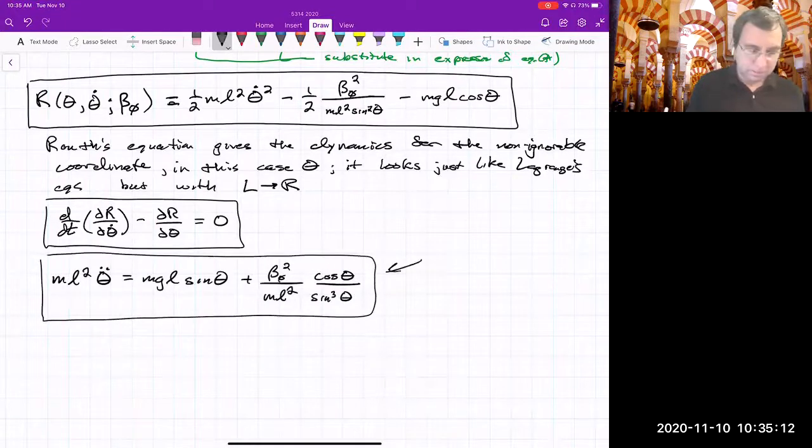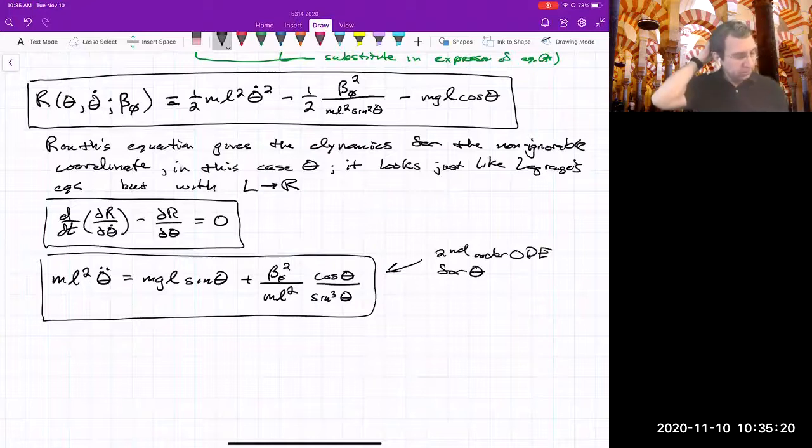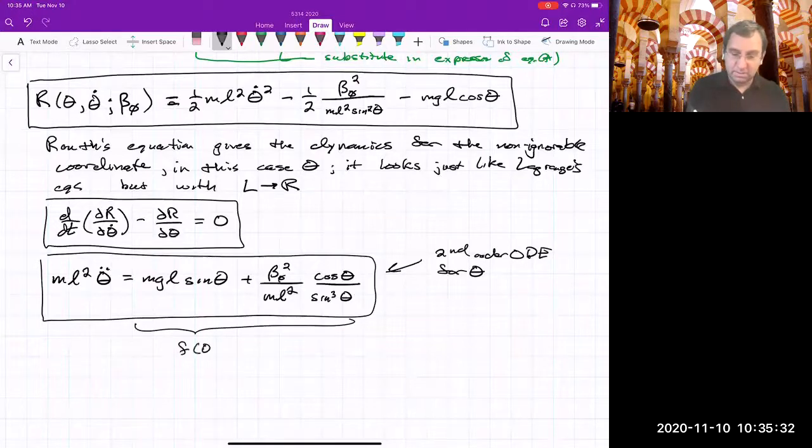So you get this sort of second order ODE for theta. And if we ever wanted to know what the phi dynamics were, we could reconstruct them. Remember this expression here, the right-hand side, it looks like it's just a function of theta.